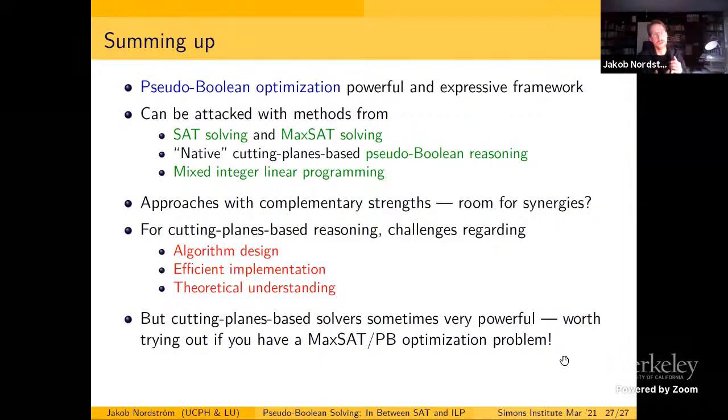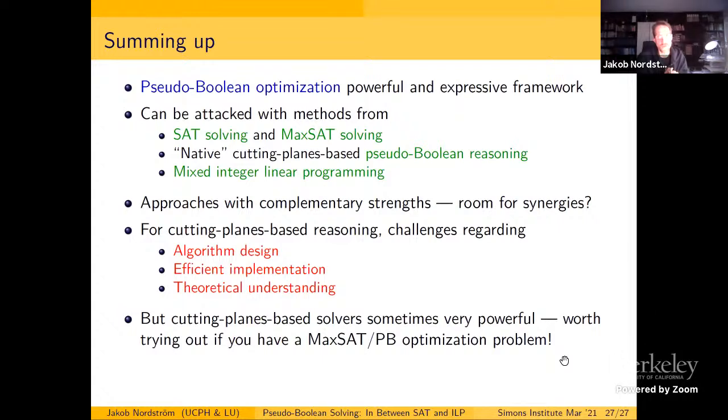In some sense, it can be argued that MaxSat and pseudo-Boolean optimization are just two different ways of describing the same problem. I believe that we're very far from exploiting the full power of cutting planes, which is exponentially stronger than the reasoning that we're using on the SAT side. And I also do believe that we could use a lot of the insights from the mixed integer linear programming literature.